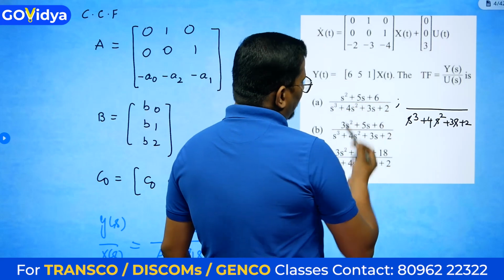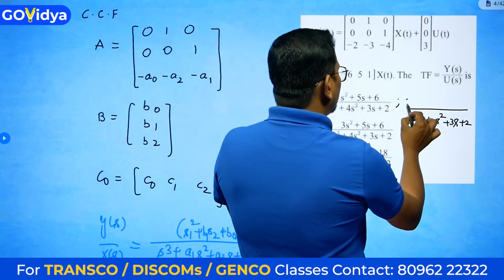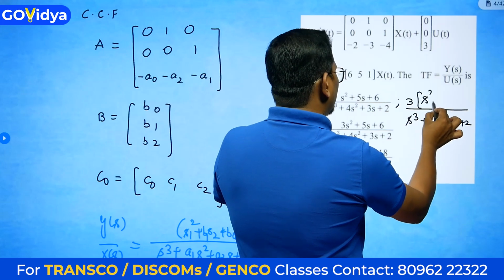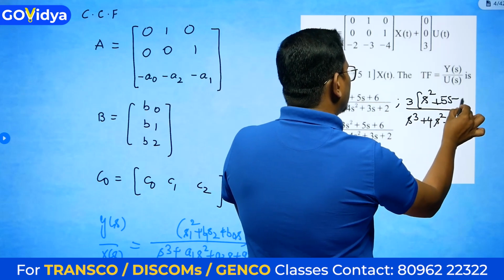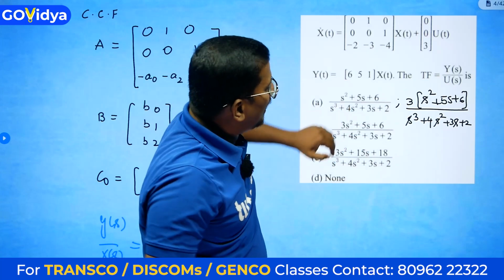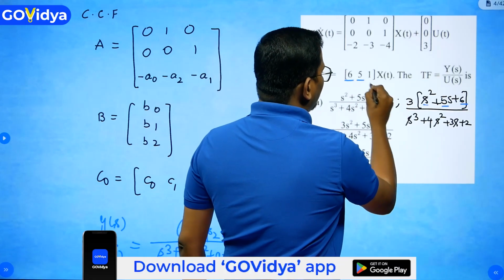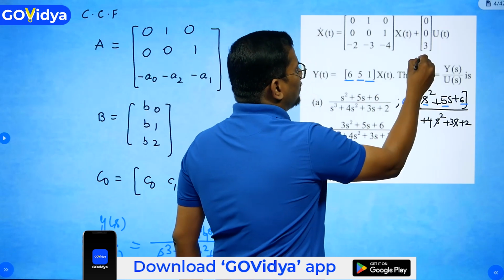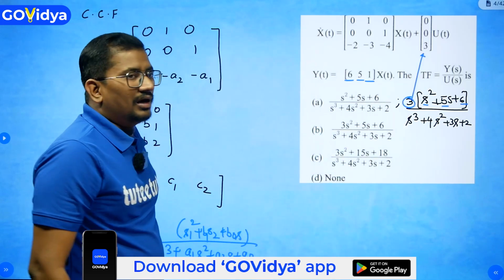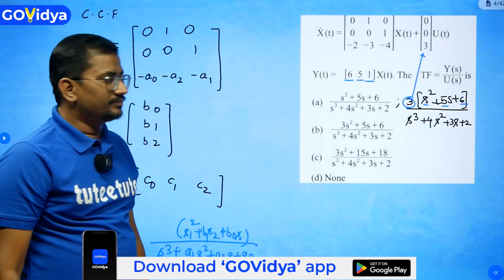I need to take 3 common in this. If I take 3 common in the last term, s square plus 5s plus 6. You see now, if I take the common term, I will get 6 here, 5 here, 1 here. Got it now? I hope it is clear, right?